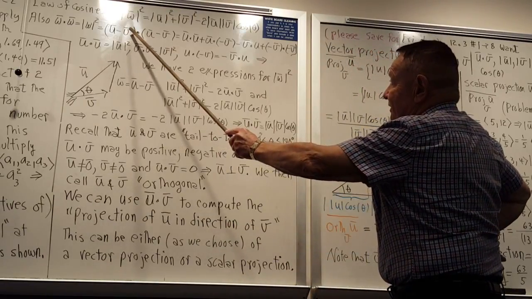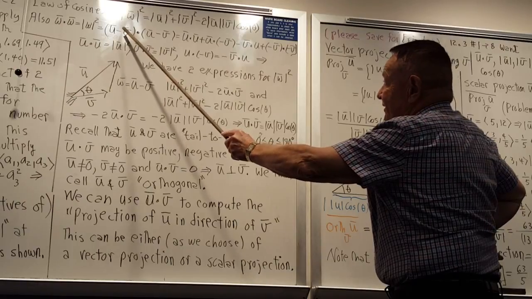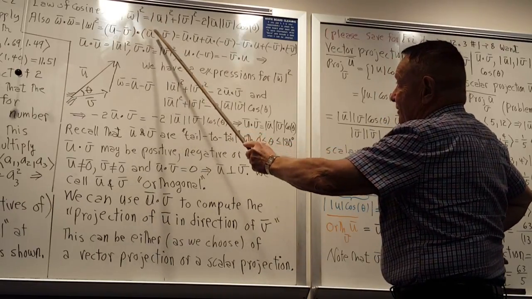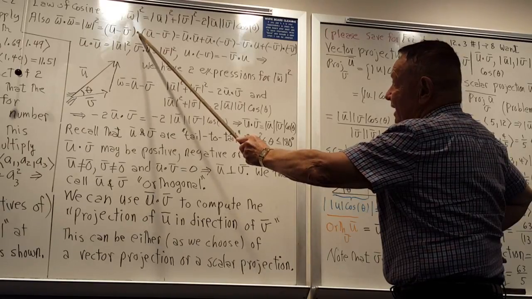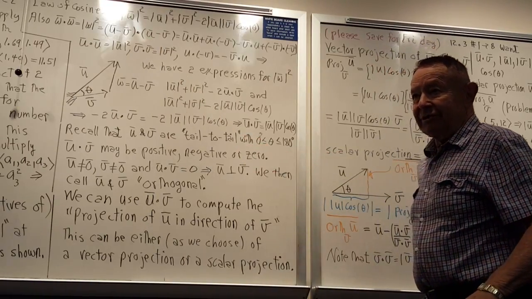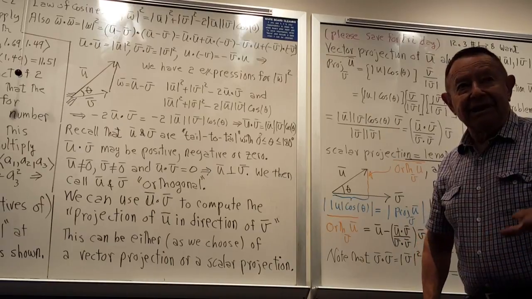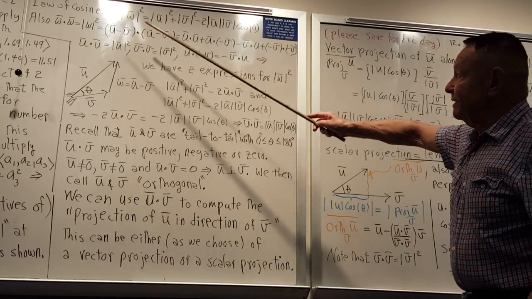And then you'd have the L of FOIL, the last product with the last. The only thing is the product is this dot product type multiplying. But other than that, it's FOIL.